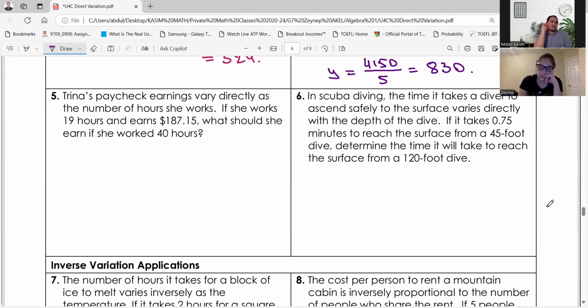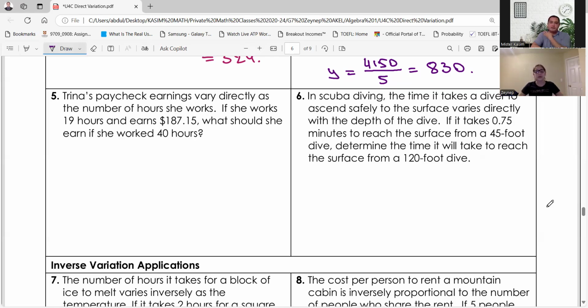Before you do this question, Zeynep, can you tell me what x and y represent? X is the amount of money. No, oh, okay. X is the number of hours. Y is dollars. Okay?